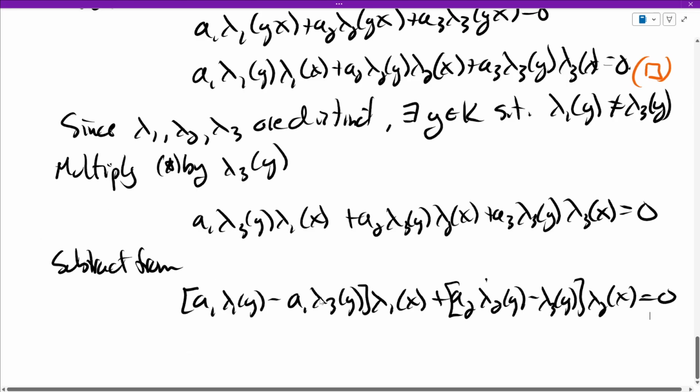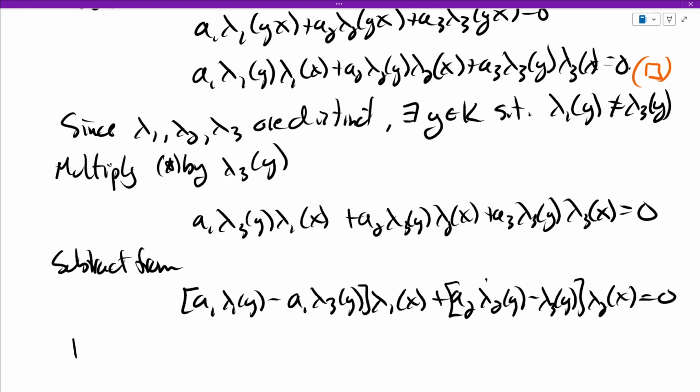So we have this combination, and the coefficient of lambda 1 of x is non-zero. And of course this is true for all x in k. So we have a non-zero coefficient in the front because lambda 1 of y and lambda 3 of y are not the same.